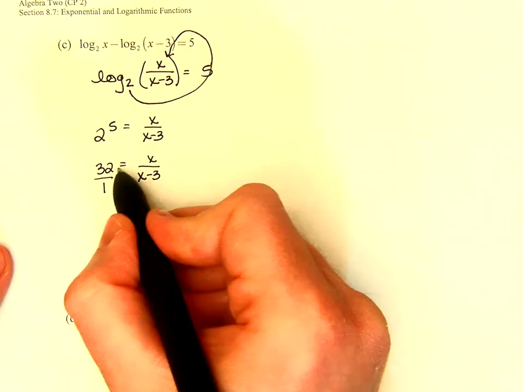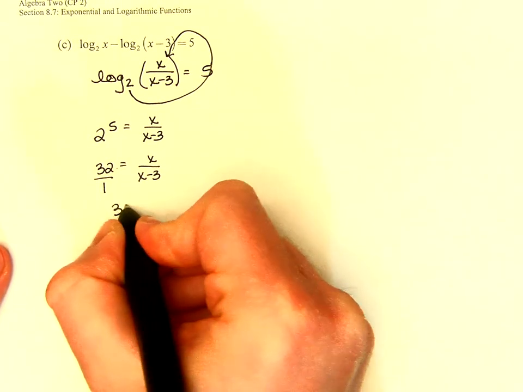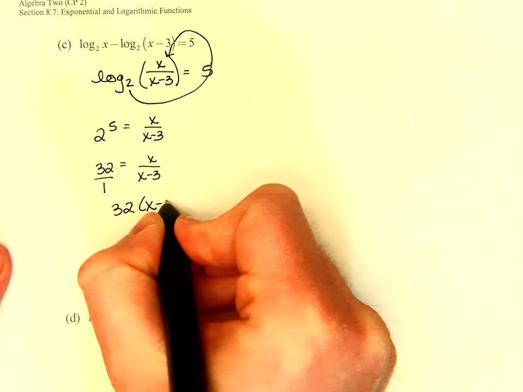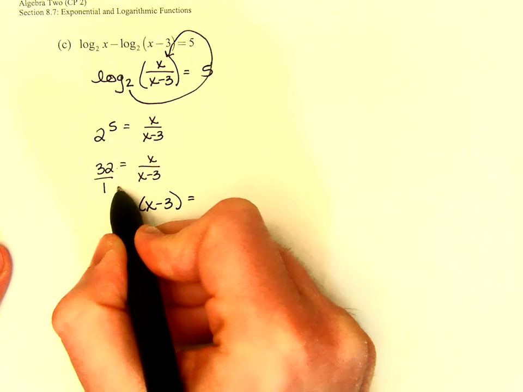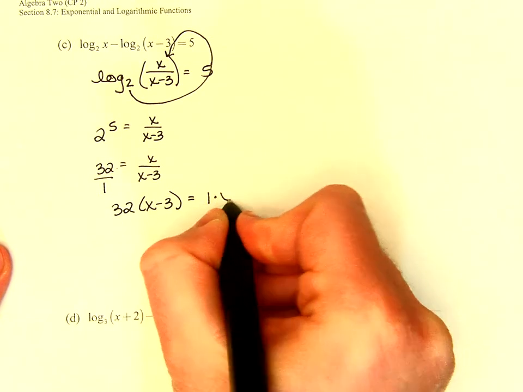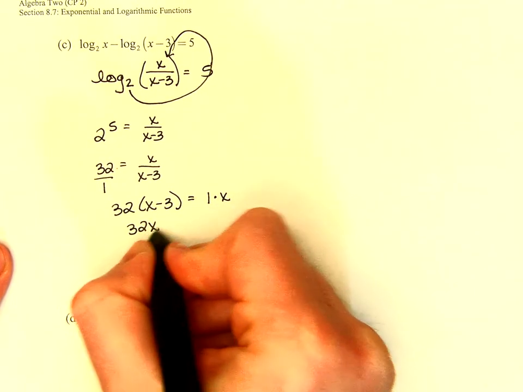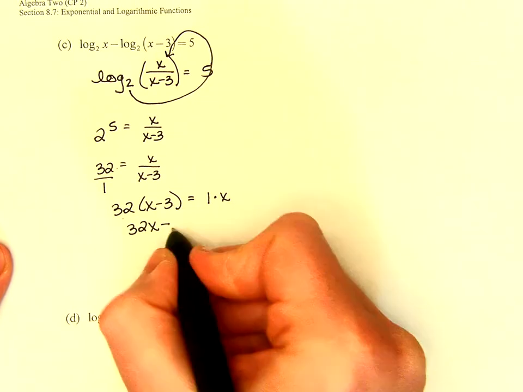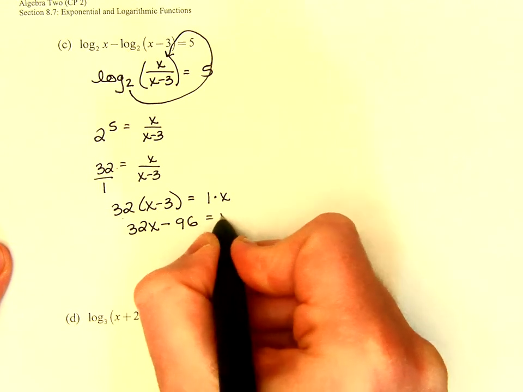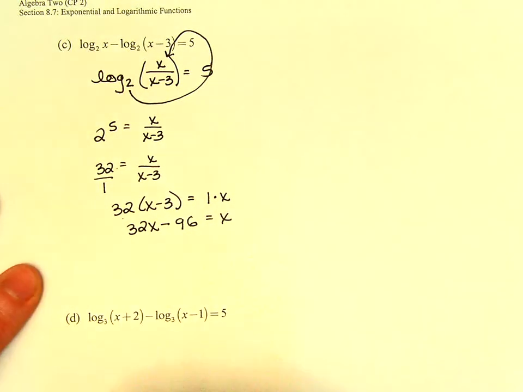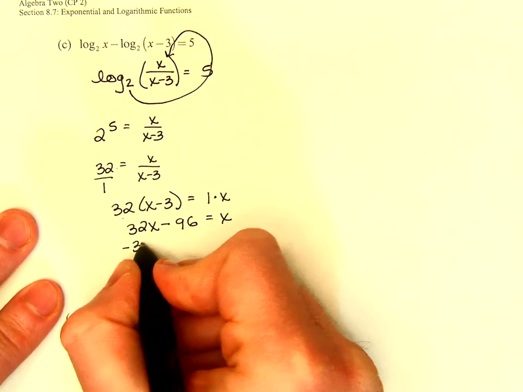I'm going to say 32 times x minus 3 equals 1 times x. We can clean this up into 32x minus 32 times 3, which is 96, equals x. Then just some simple algebra to solve this.